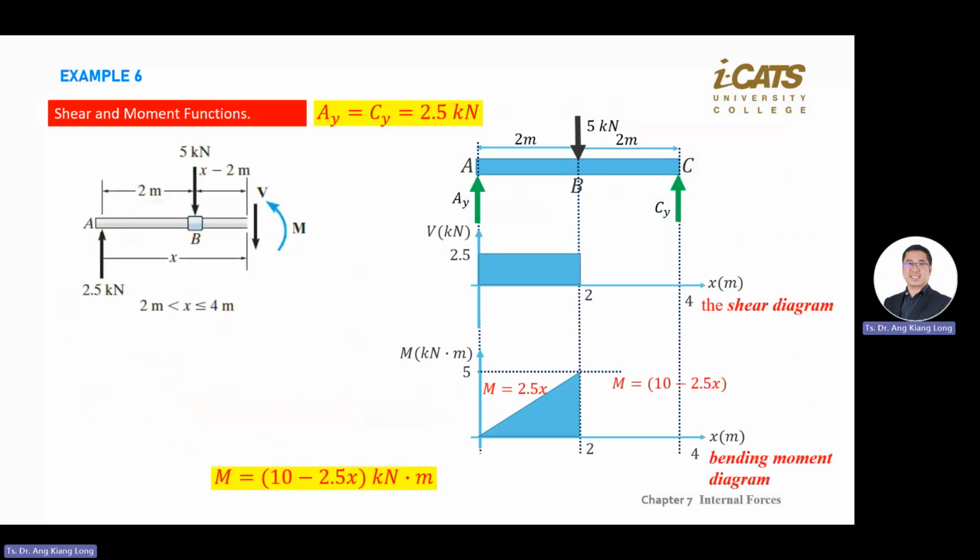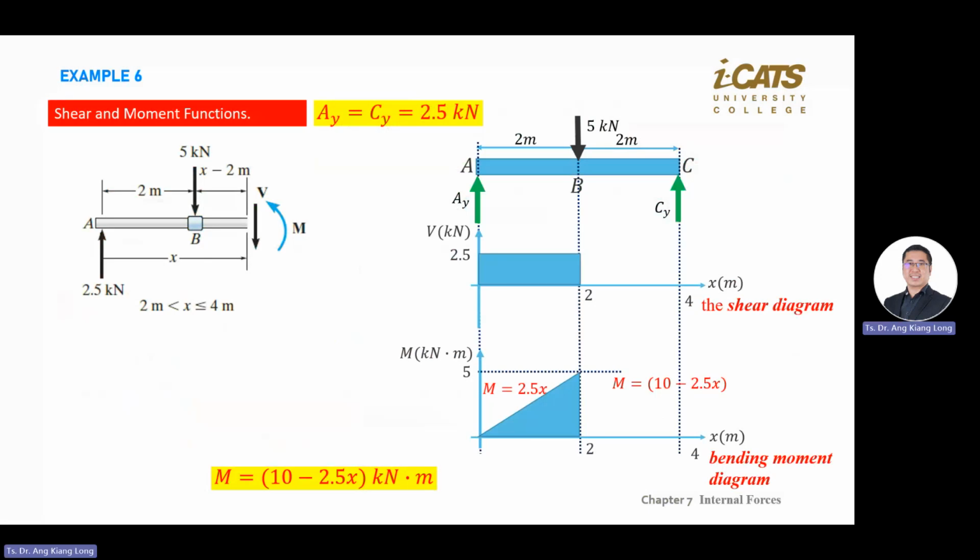Now we do 2 until 4. We do 2 meter x, this x, x is between 2 meter until 4. Here is another section diagram that might confuse some of you. But again, you just shift your x to the other side of the 2 meter.